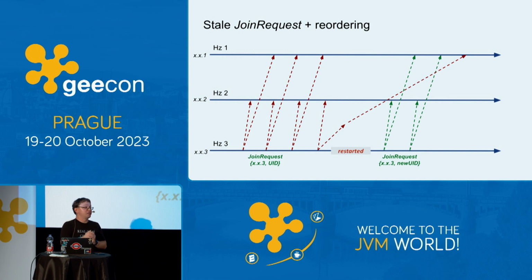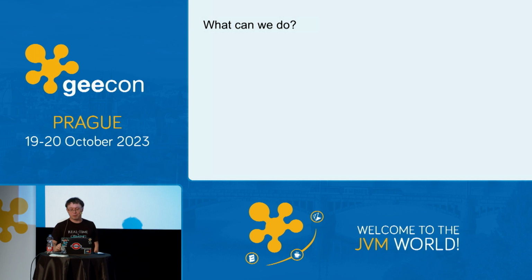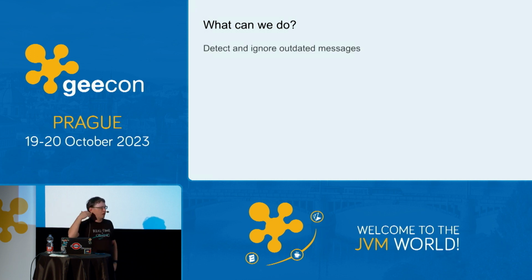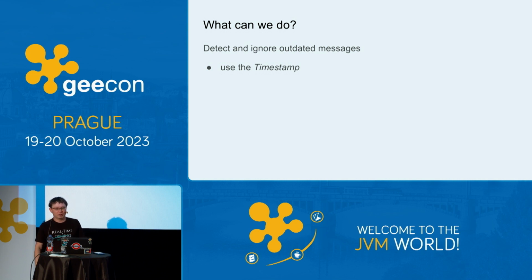So why did this happen? This happened because we couldn't detect the outdated messages. We couldn't detect which is the new message and which is the outdated message, and we shouldn't process the outdated message. So what can we do for this? We can use timestamps, but from yesterday's talk, you should know that it is a bad idea.